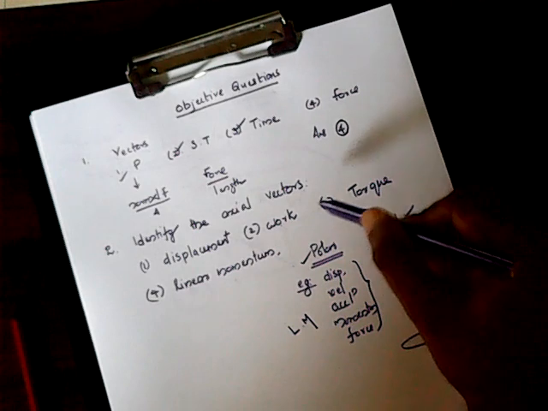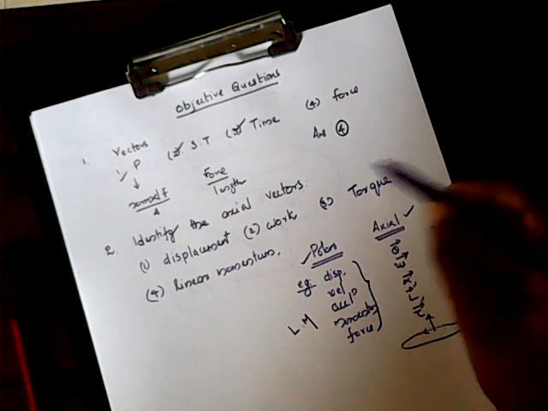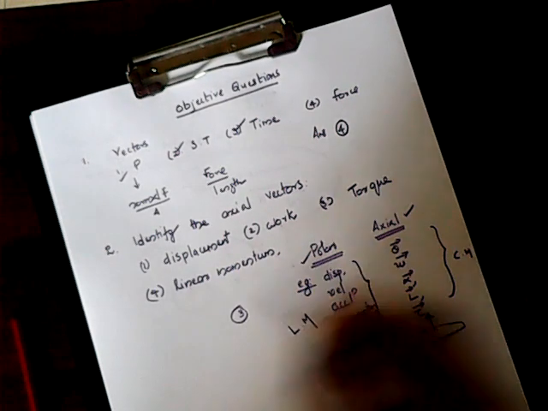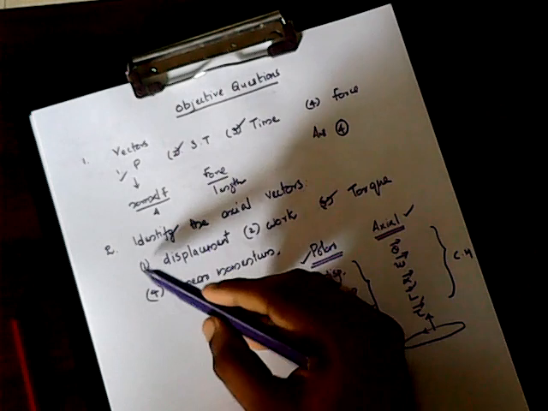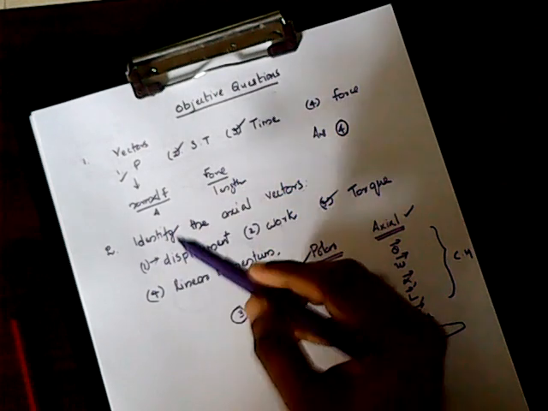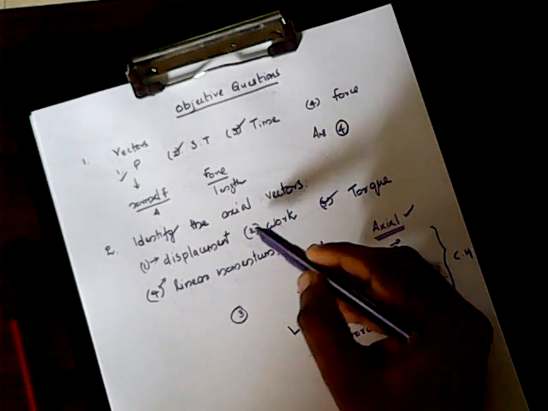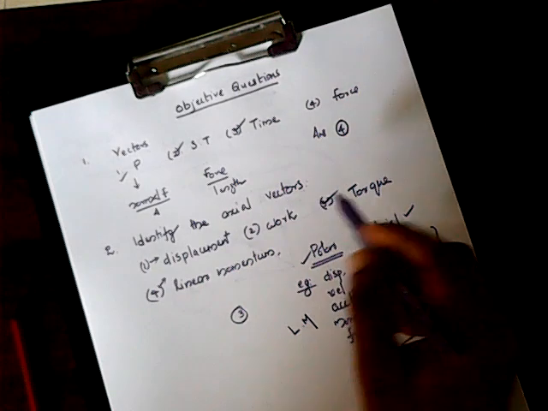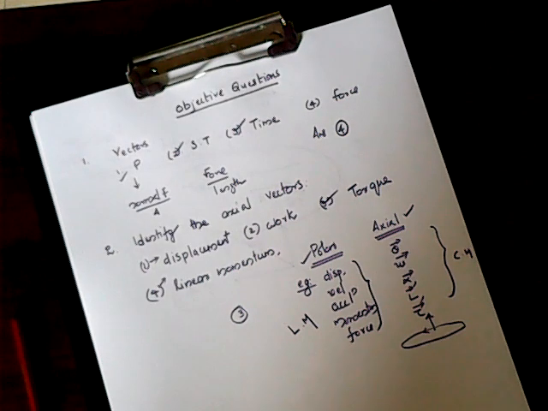So the answer is the third choice, torque. But keep in mind, displacement is a polar vector, linear momentum is a polar vector, but work is a scalar quantity. We can move to the next question, number 3.